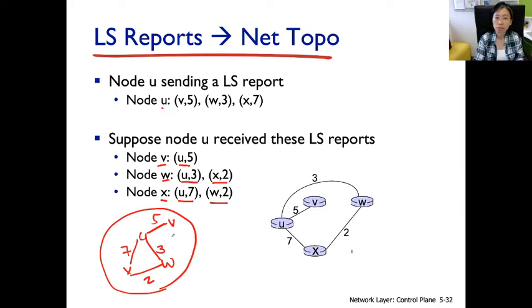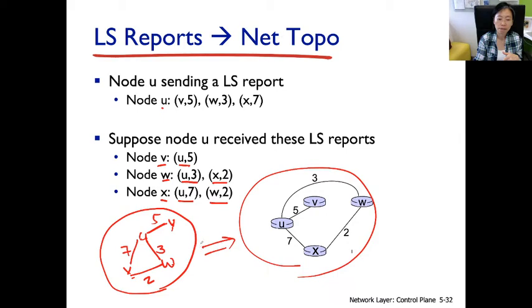And you manage to reconstruct the total network information from receiving link state reports from all the nodes in the network. And it's contributing also so that other nodes receiving link state reports can also reconstruct the total network. So you see this one here, U connecting to V, W, X, is isomorphic to the network there.